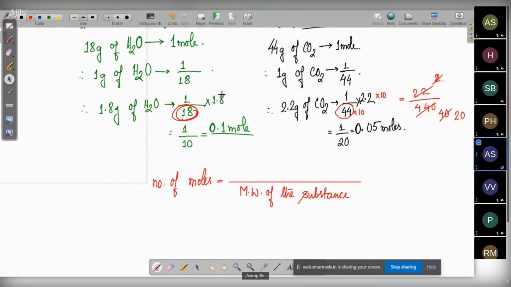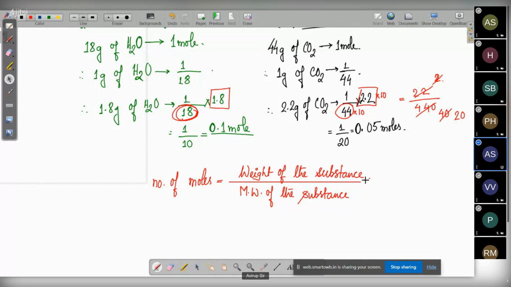And in the numerator we have the amount of weight that we are taking. We are taking 1.8 grams of water, or 2.2 grams of carbon dioxide. That is also coming in the numerator. So that means the weight of the substance taken is at the numerator. The 1 doesn't hold any significance, so we will not be writing that.